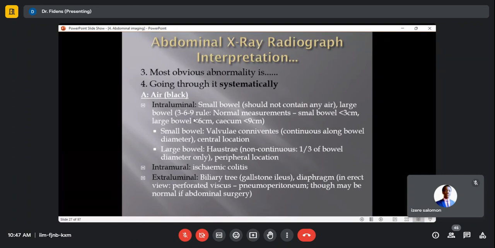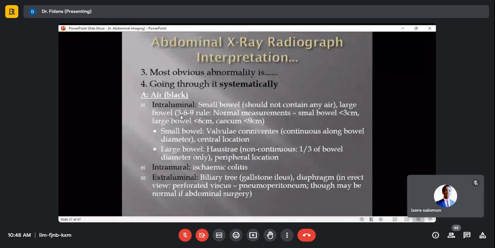Here there is what you call the rule of 369. Normally the small bowel diameter should not go beyond 3 centimeters. The large bowel should not go beyond 6 centimeters in diameter. And the cecum, 9 centimeters.